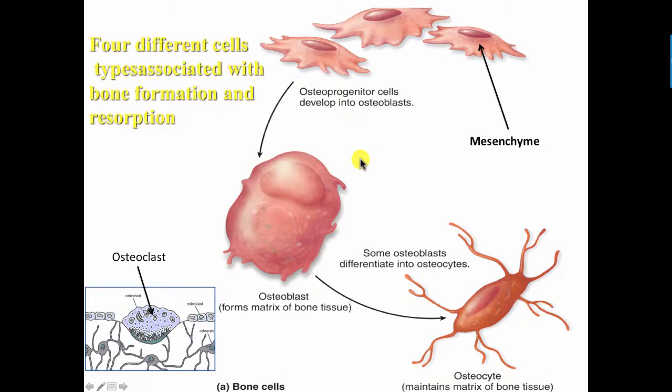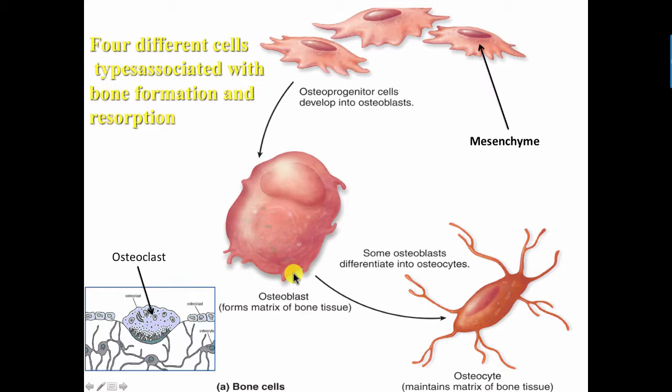There are 4 different cell types associated with bone formation and resorption. The first of these is the osteoprogenitor cell, which is derived from mesenchyme. And osteoprogenitor cells give rise to osteoblasts, which are the bone-forming cells.